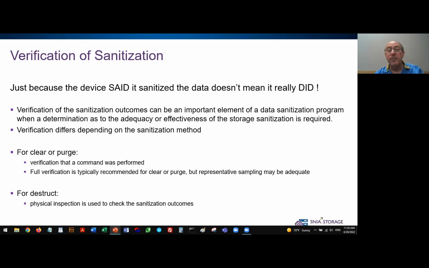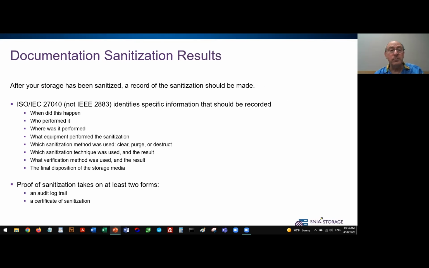Or you might have devices that intentionally pretend to sanitize and don't. Trust but verify. 27040 has information about how you document the sanitization results. 28883 has guidance for how you can gather information for that process.